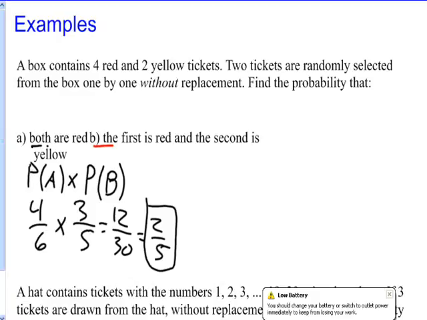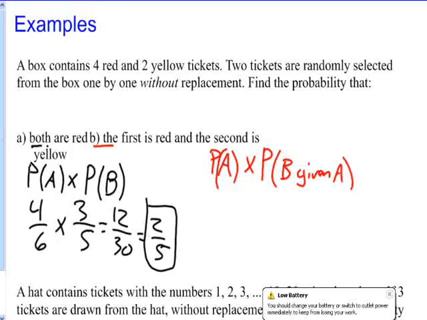Now, for B, I want to select a red ticket the first time, but then a yellow ticket my second time. So the probability of A, my red ticket selected the first time, times the probability of B given A. Okay? So the probability of A is still my 4/6 times the probability of B. Now I've subtracted 1 of my tickets, so I have 5, but I still have those 2 yellow tickets from before.